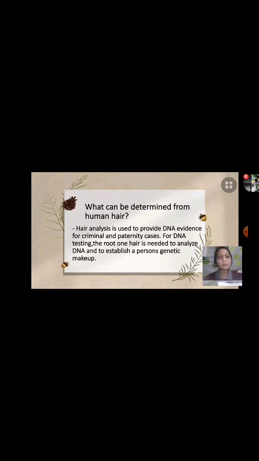What can be determined from human hair? Hair analysis is used to provide DNA evidence for criminal and paternity cases. For DNA testing, the root of the hair is needed to analyze DNA and establish a person's genetic makeup.